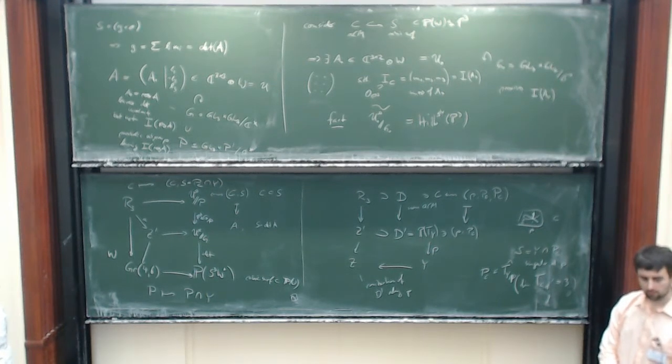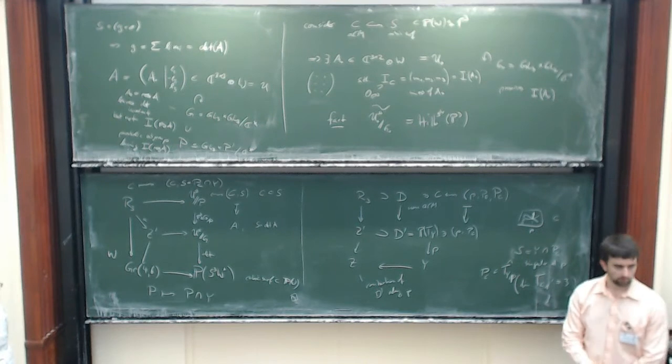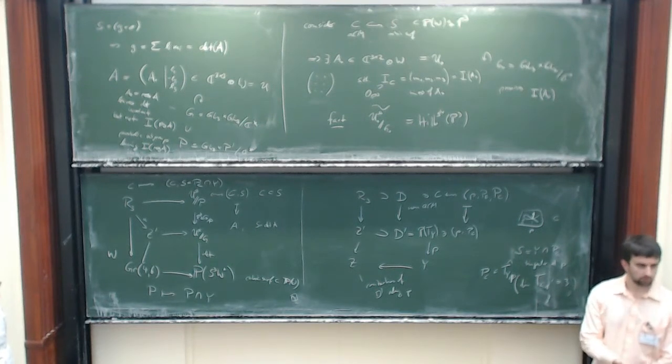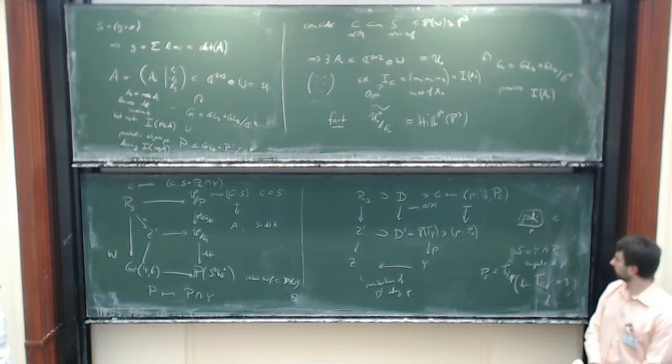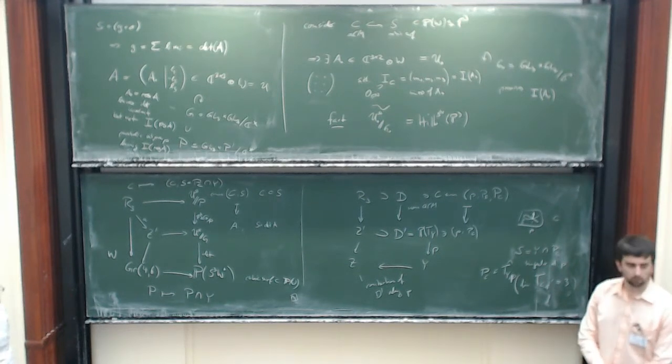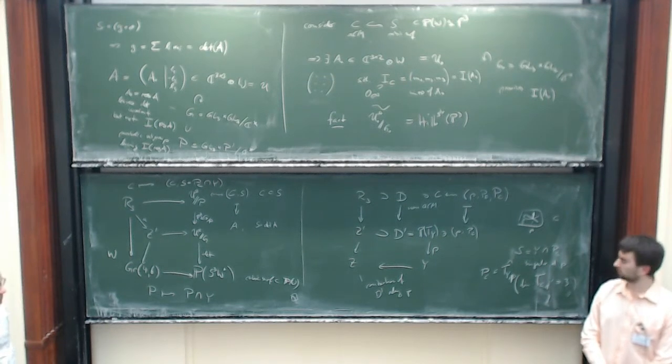Okay. They constructed some of the embedding locally of the cubic fourfold. So there don't seem to be obstructions to fourfolds containing a plane.